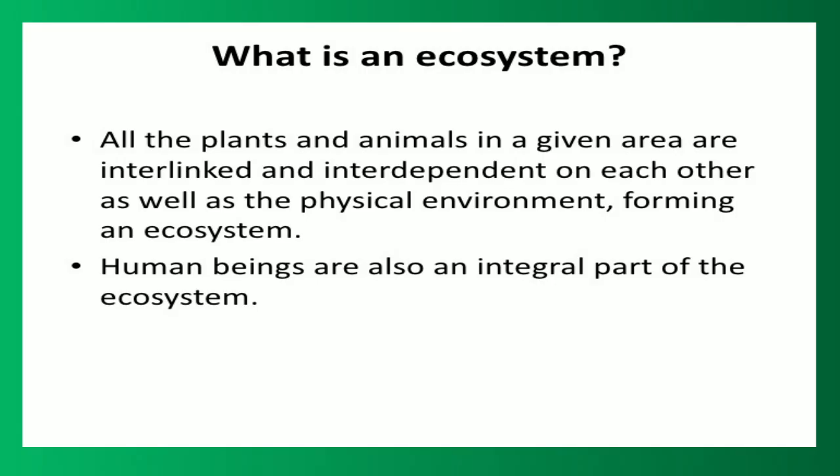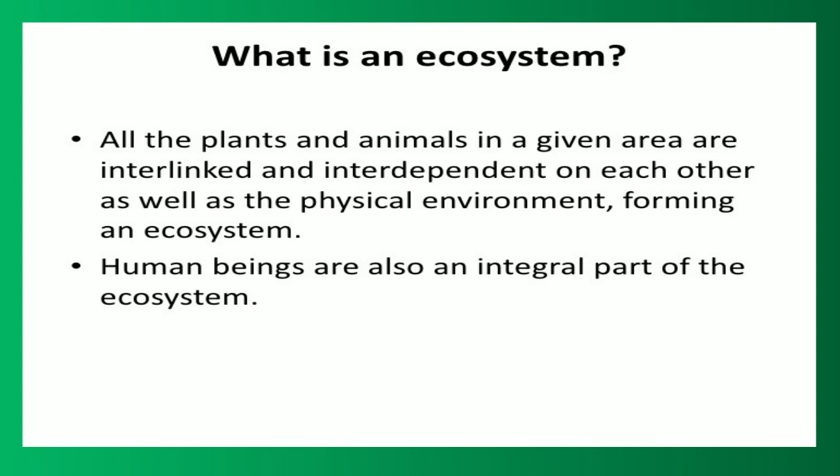What is an ecosystem? All the plants and animals in a given area are interlinked and interdependent on each other, as well as on the physical environment, forming an ecosystem.